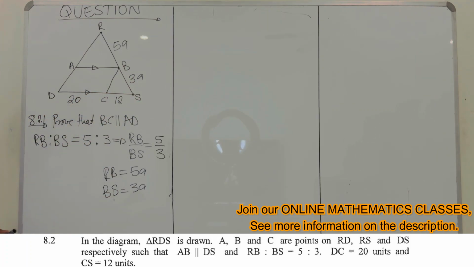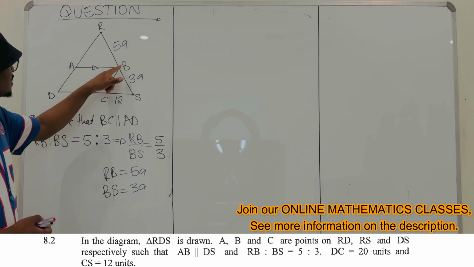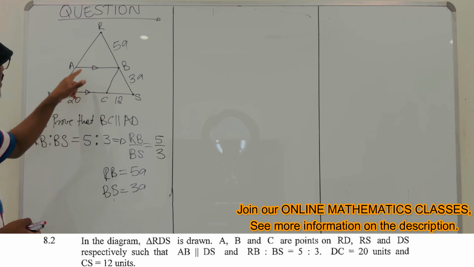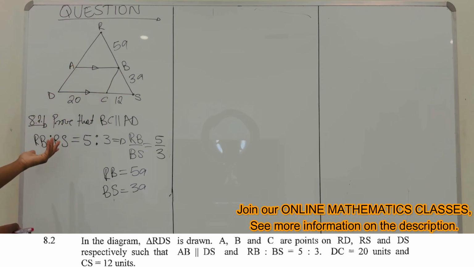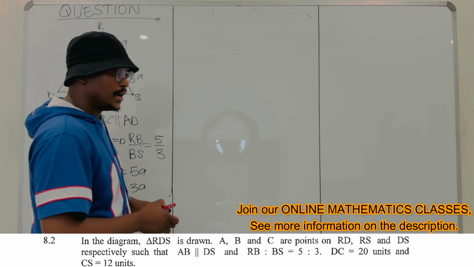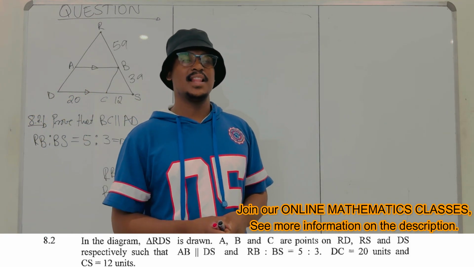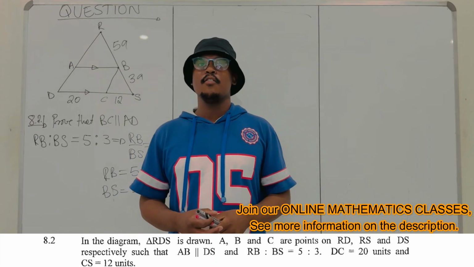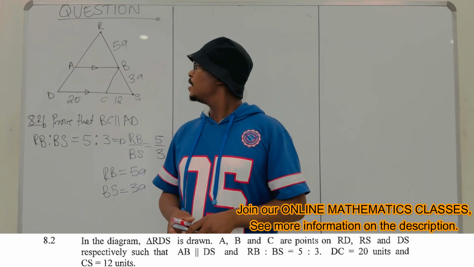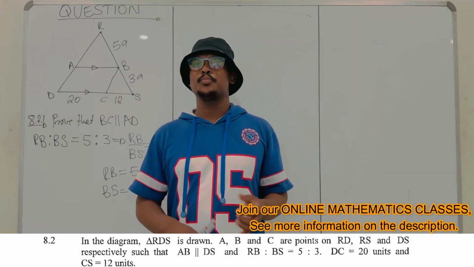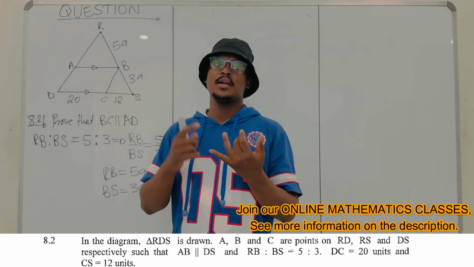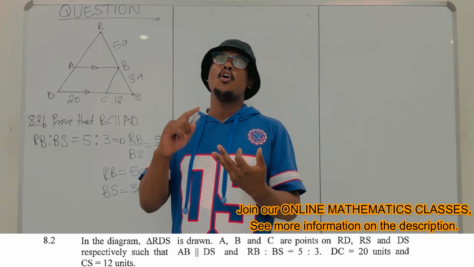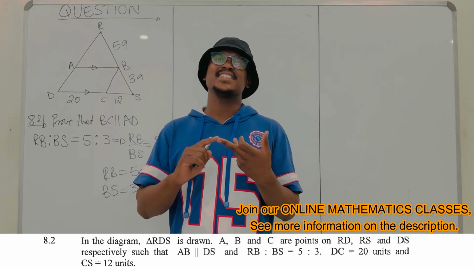Fine. So what do they want us to prove? They want us to prove that BC is parallel to AD. Show that BC is parallel to AD. You know by now, to prove lines are parallel, for the longest time, before you did proportionality, you would prove maybe alternate angles are equal, corresponding angles are equal, or co-interior angles are supplementary.